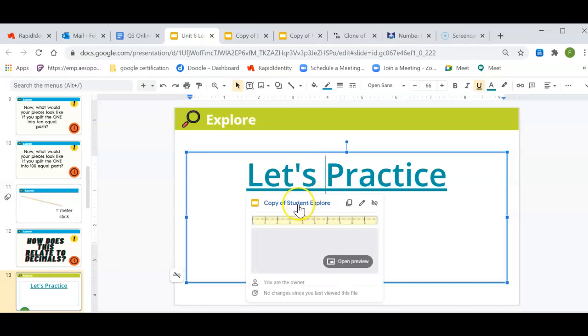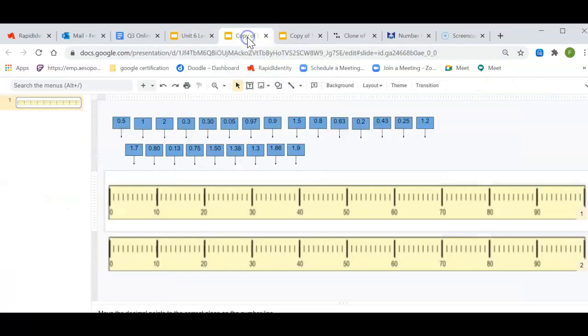When we click on this link, guys, this is what you bring up. So you got 2 of the meter sticks, and pretty much similar to a number line. These are a number line, but they're just like meter sticks. And you've got 2 wholes. So this one represents 1 whole. It goes from 0 to 1. And this one is the second whole, goes from 0 to 2.